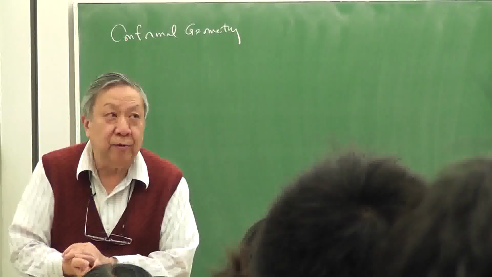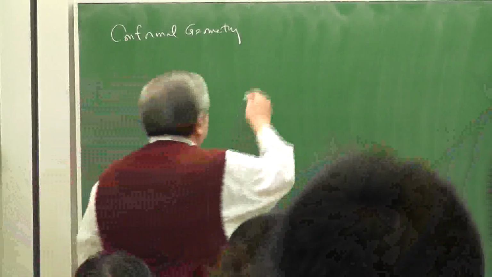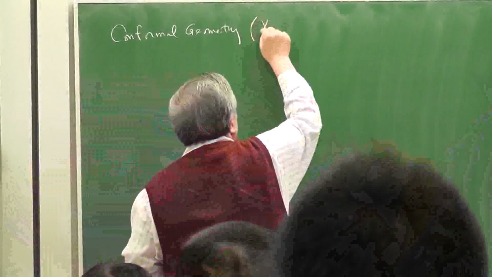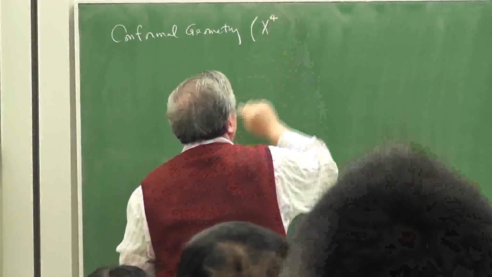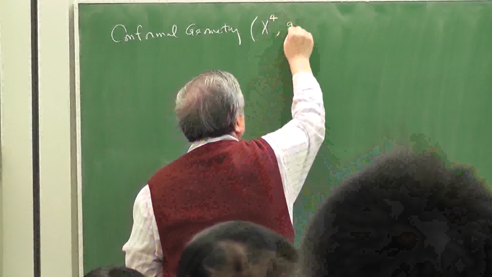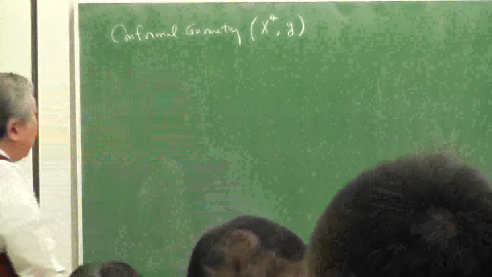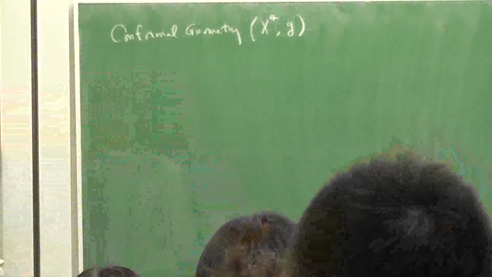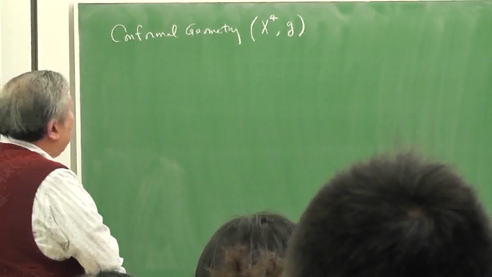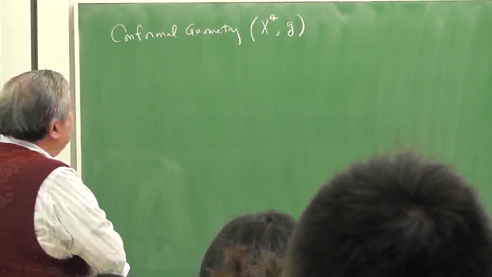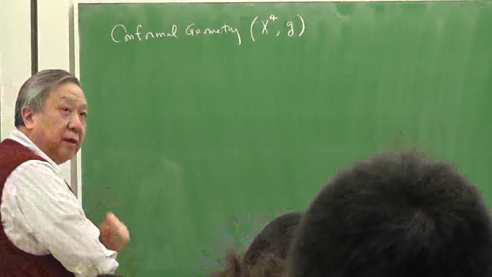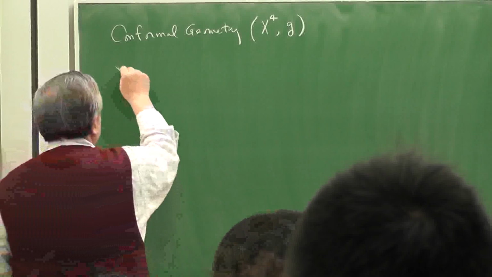Okay. So what I'm going to do is mention a few important facts about conformal geometry. And in fact, we think about conformal geometry in four dimensions. So the first important thing about conformal geometry in 4 dimensions is that there is this Yamabe equation.